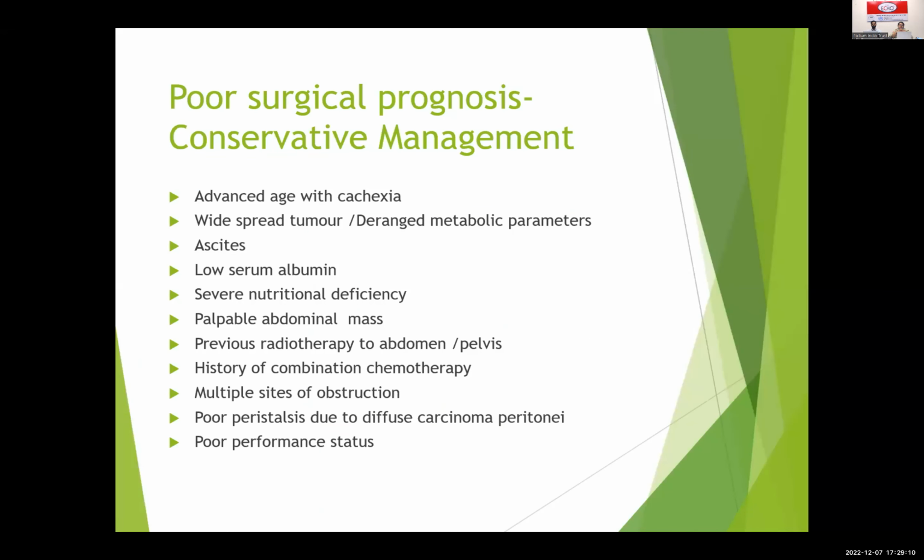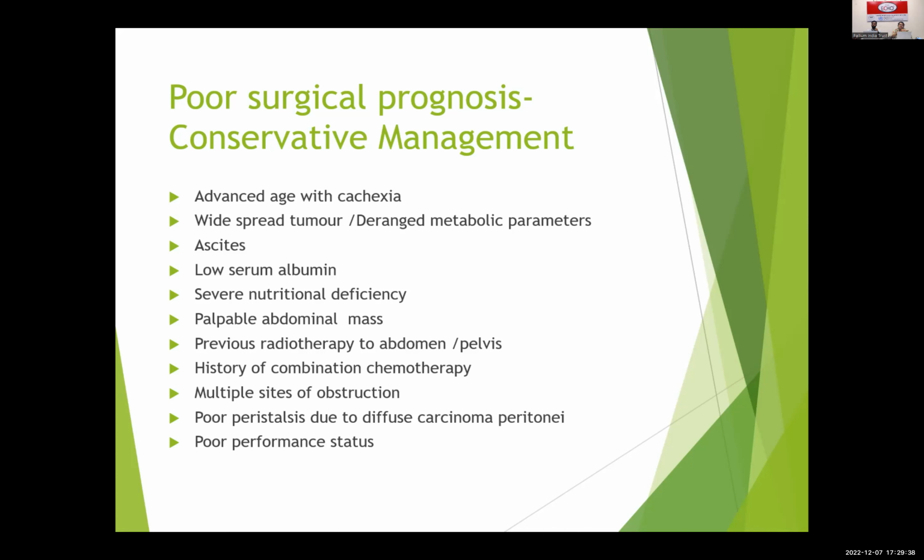Okay. So this is just a summary of the previous one where it is a complete no for surgery. Okay. So poor surgical prognosis. If you expect the patient is going to have poor surgical prognosis, this is a candidate for conservative management. For example, in case of advanced age with cachexia, that is definitely a no for surgery. Widespread tumor or deranged metabolic parameters, definitely no for surgery.